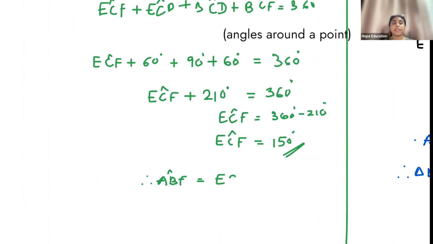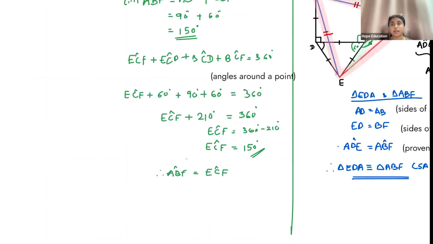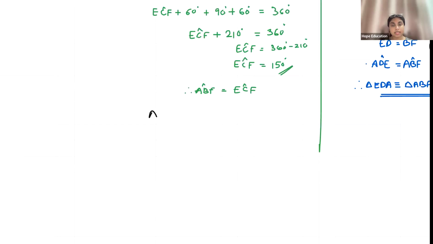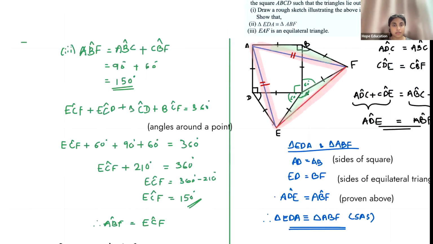All right. Now let's do the congruency part. I'm going to consider triangle ABF and ECF. Not ACF, it's ECF.